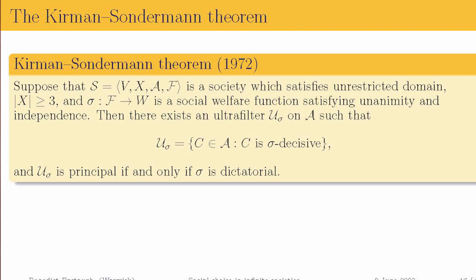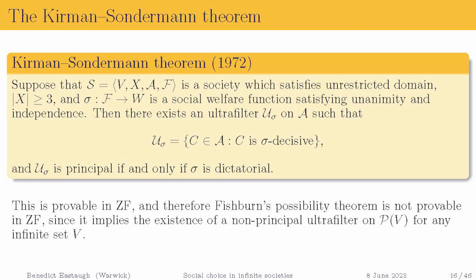So a principal ultrafilter is one generated by a single element. So a coalition will be in the ultrafilter just in case it contains that element, which is, of course, the dictator. Now, this theorem applies not just to finite sets of voters, but also to infinite sets of voters.